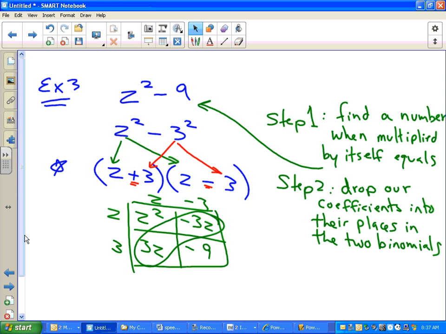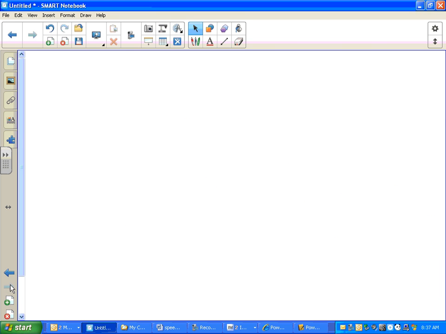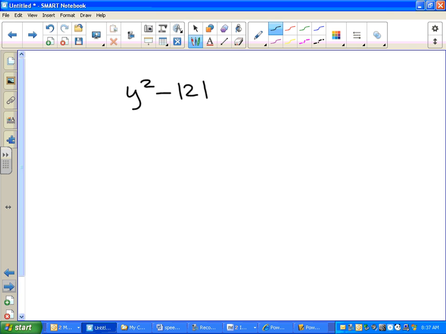There's only 2 different types of problems today. Should we do one more? Try one more. How about y squared minus 121? What 2 binomials would make y squared minus 121? Obviously, the middle terms cancel.